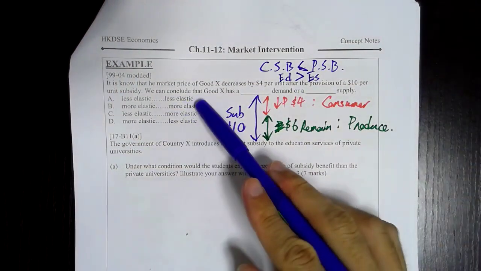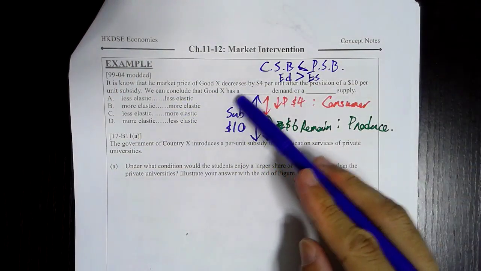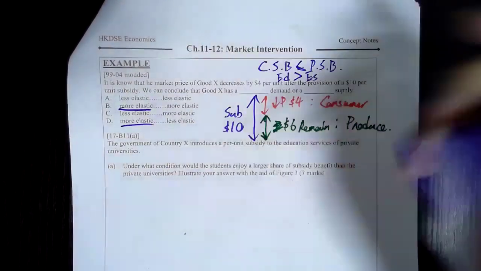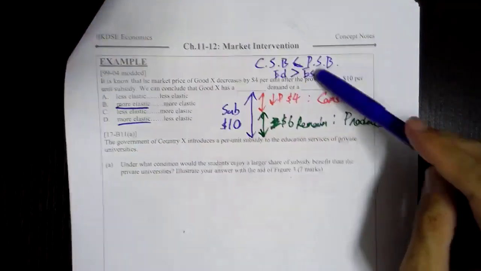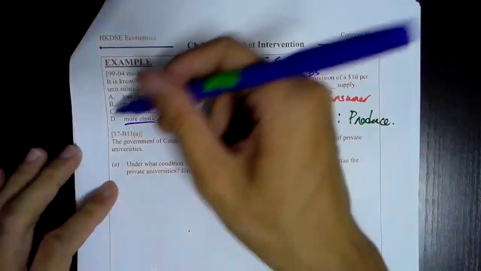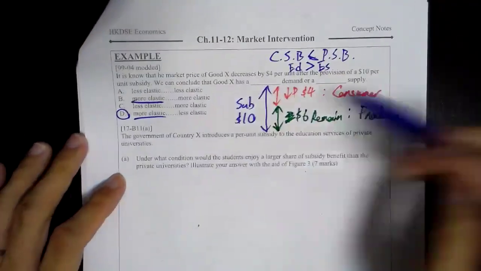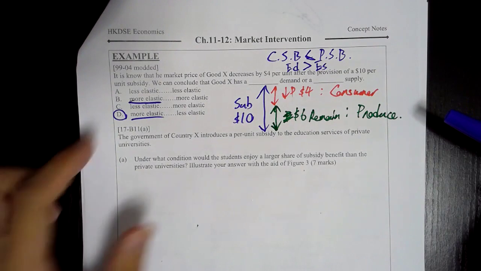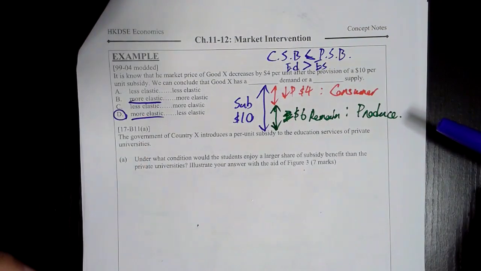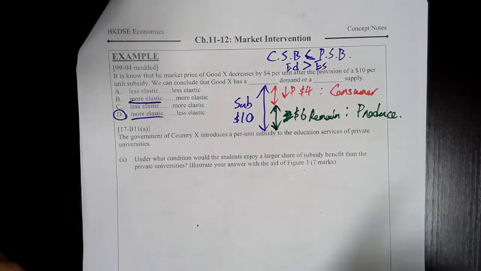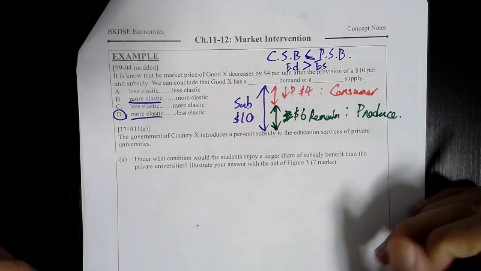So we can conclude that good X has a more elastic demand or a less elastic supply. The answer is D here. I do not remember what I've changed, maybe only to make it more clear, more precise, or something like that.